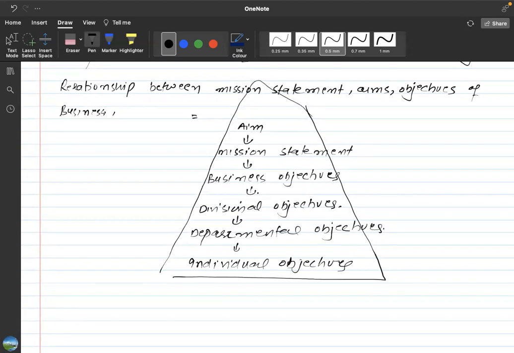Now, what are the different levels in that hierarchy and what are the different terms we'll talk about. First of all, what is a business aim?